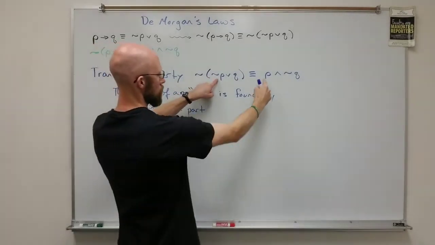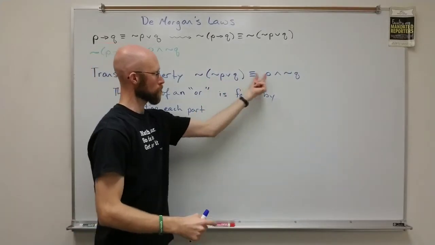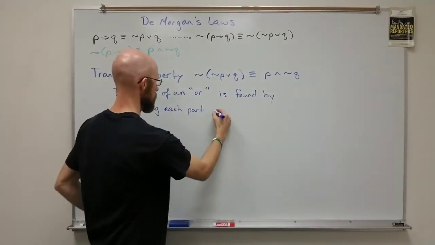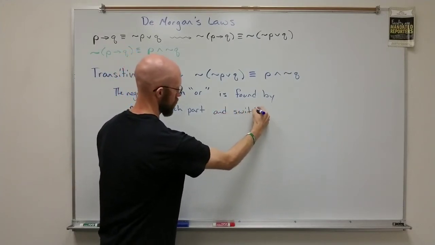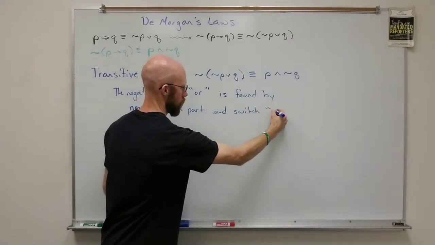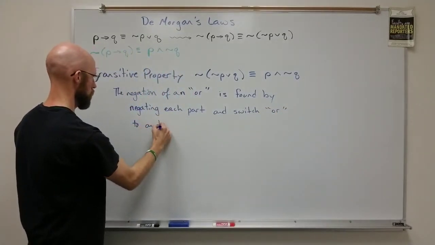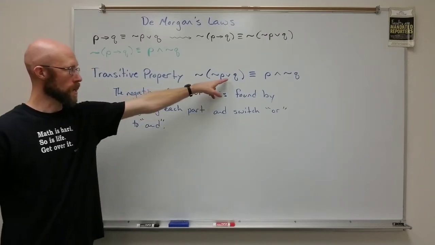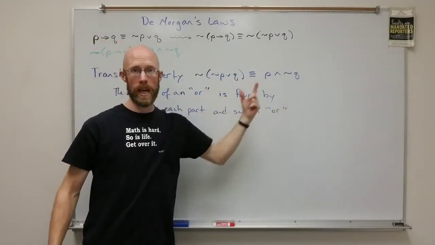So the not P becomes P, the Q becomes not Q. So you negate each part separately and you switch the or to an and, switch or to and, right? So the negation of a disjunction is the conjunction of the negations.